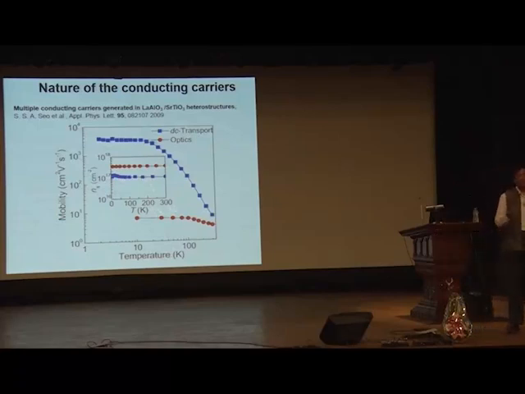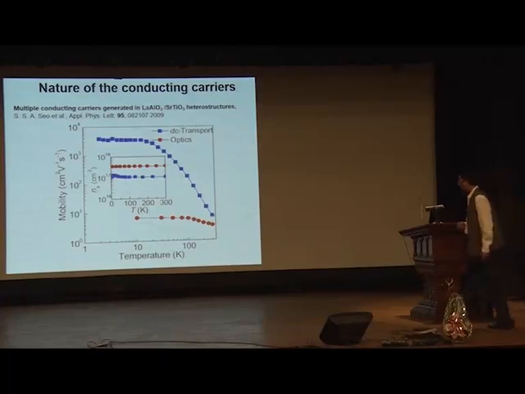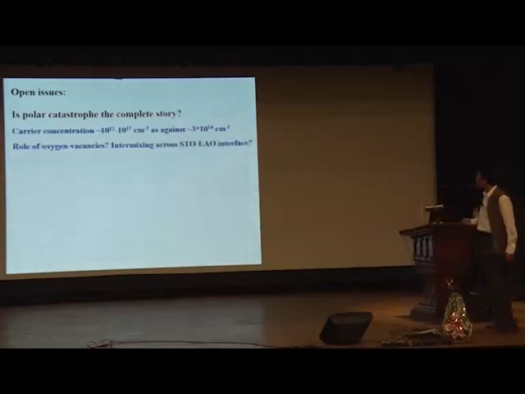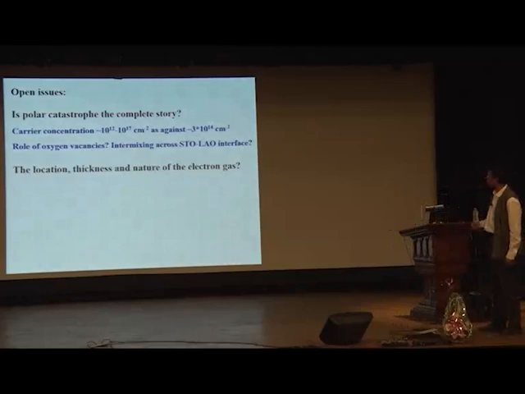As if there are two different kinds of carriers in the system, one with high mobility and low carrier concentration, and another with low mobility and high carrier concentration, which is also, of course, inconsistent with the naive picture of polar catastrophe.